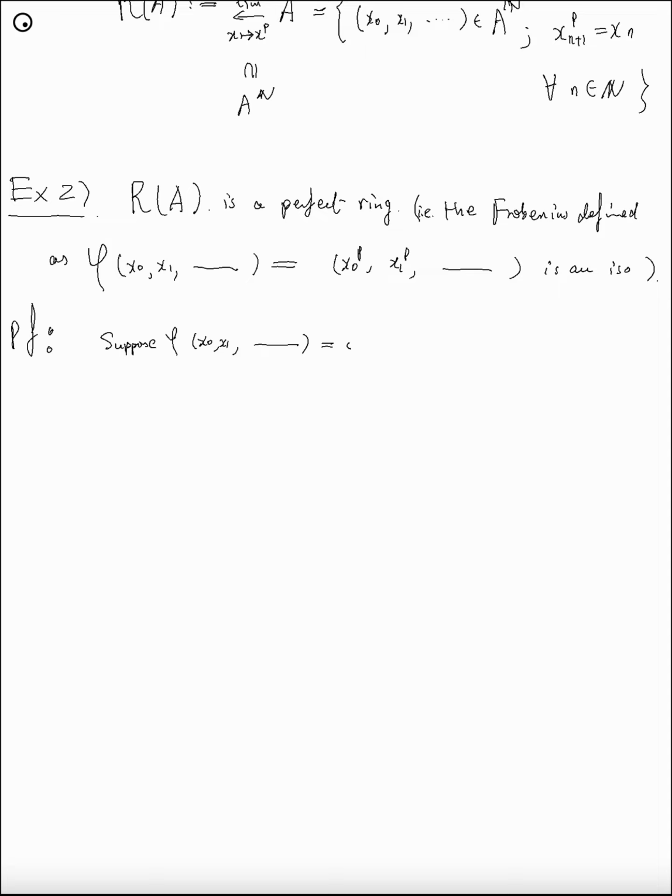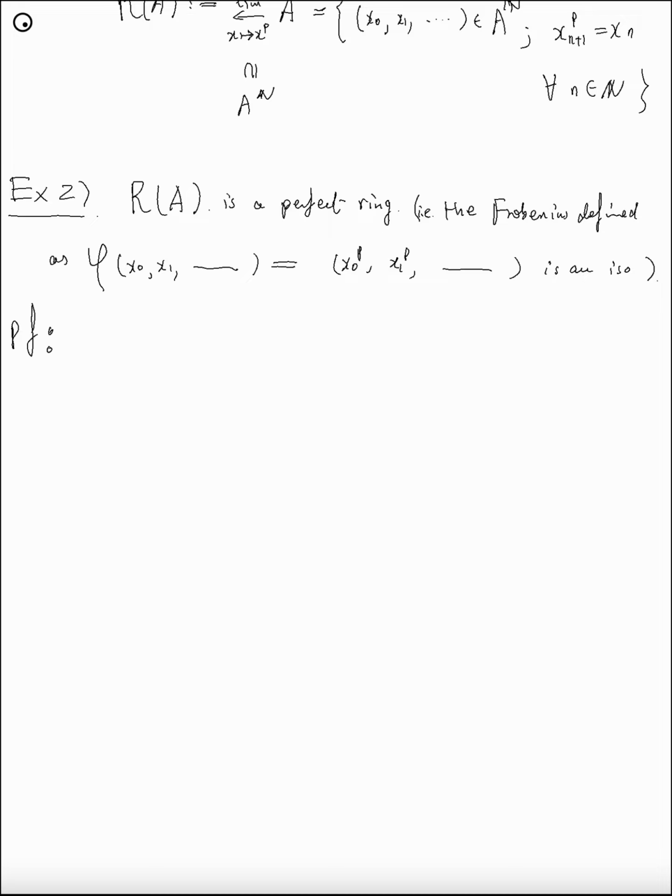So let me show this is a ring homomorphism, and then, if you really want to state this more clearly, you have to tell what is the ring structure of R_A, reasonably. So let me just prove a more elementary thing.